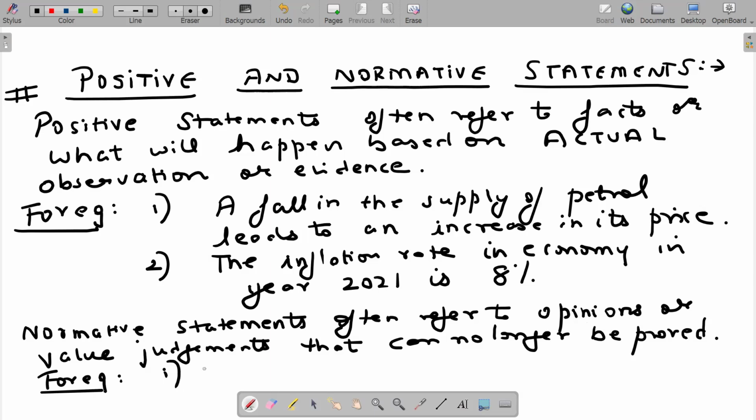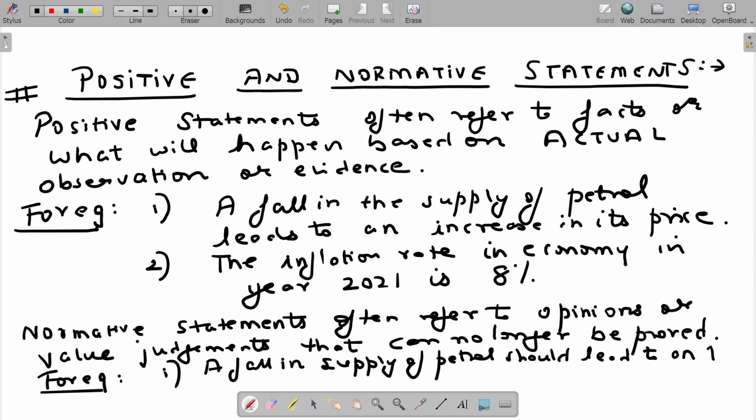But if I write, a fall in the supply of petrol should lead to an increase in price, this will now become a normative statement.